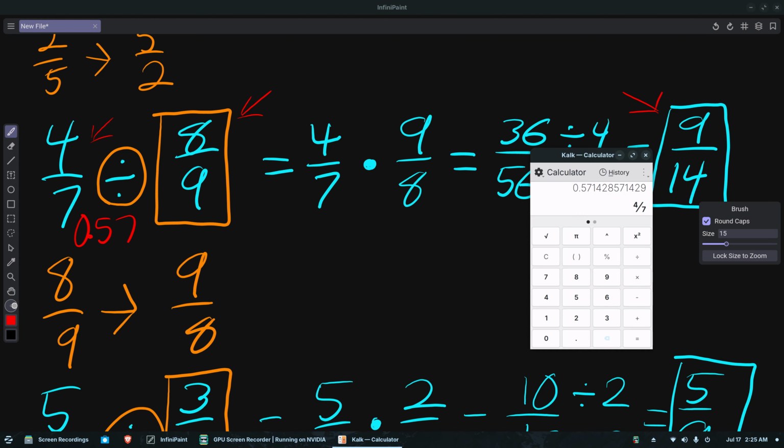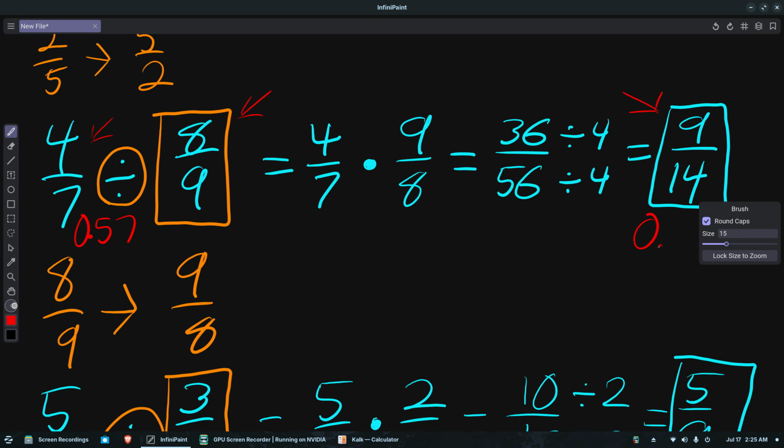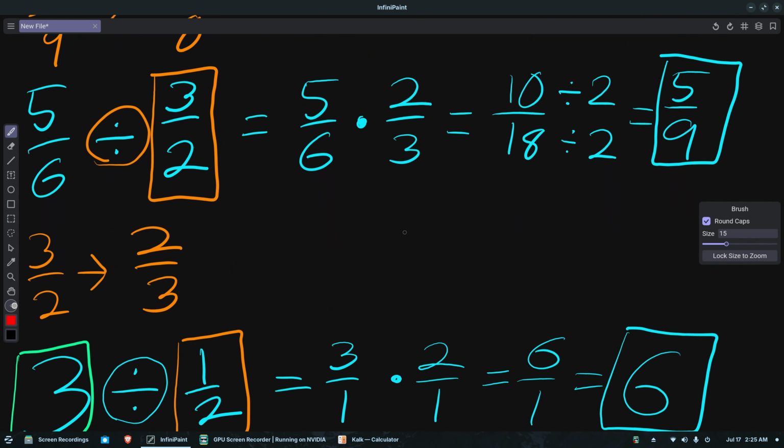And then the final answer we got was 9 over 14, which is roughly 0.64. So when we did this process, the value that we initially started with actually increased. Just something to keep in mind when you are dividing with fractions.